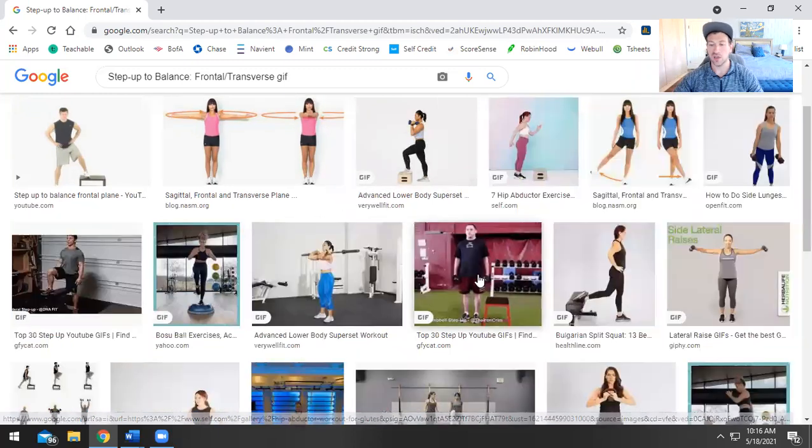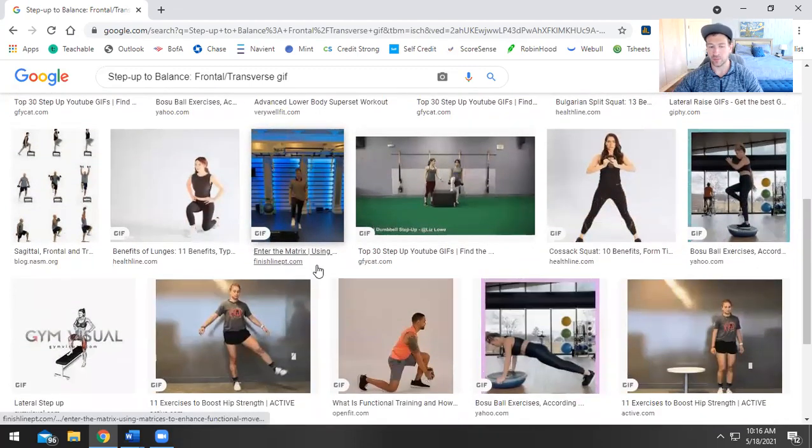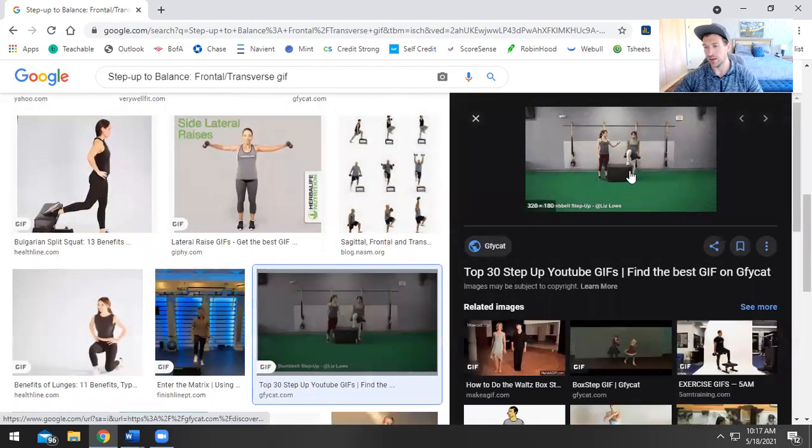In this version, we are saying we're going to do it in the frontal and transverse planes. So a regular step up, a frontal plane, you can actually see here, see how she's standing off to the side? That is allowing her to do more abduction, right? Or she could do a transverse version where she would actually face this way and then twist as she steps up.